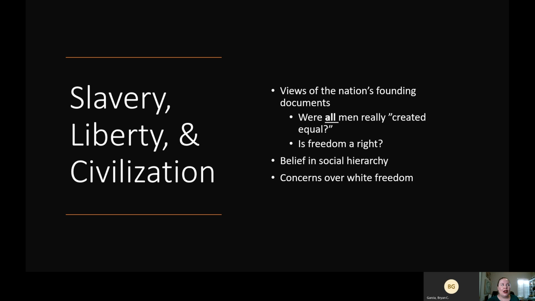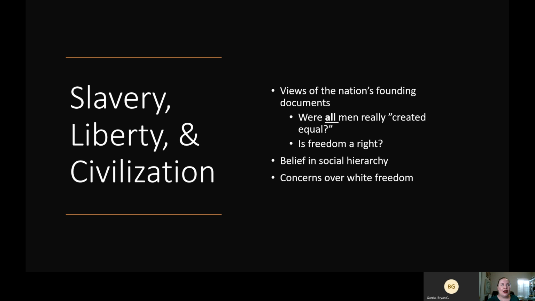Southerners also interpreted freedom as a privilege and not a right. So in other words, when we talk about rights, we mean something that we're entitled to, right? So for Southerners, something like, for example, voting.